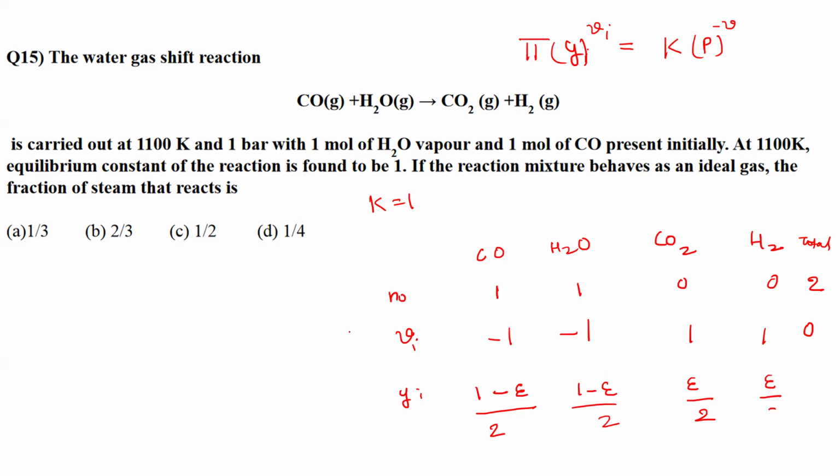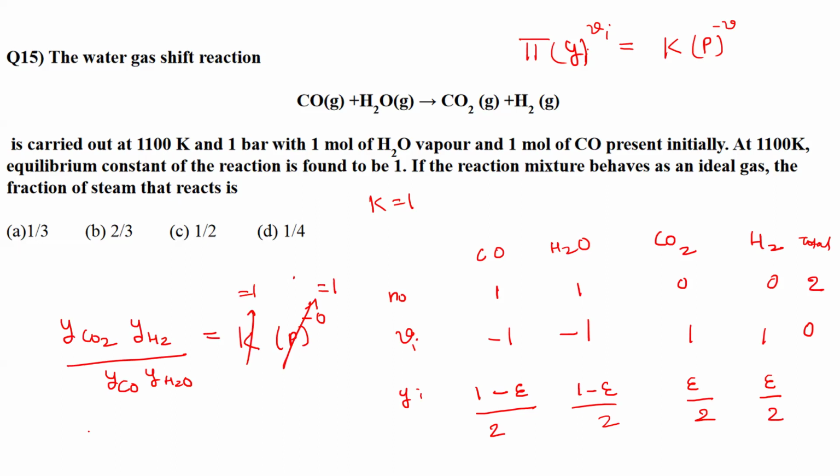Now, when I'm writing this equation, the product will be yCO2 into yH2 by yCO into yH2O equal to K into P power minus 0. So this is equal to 1, and K is equal to 1 given.